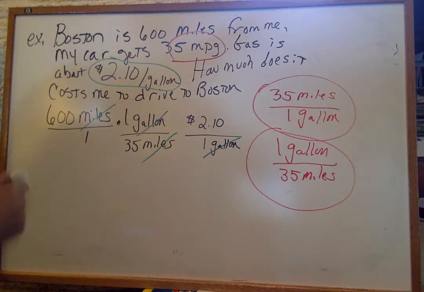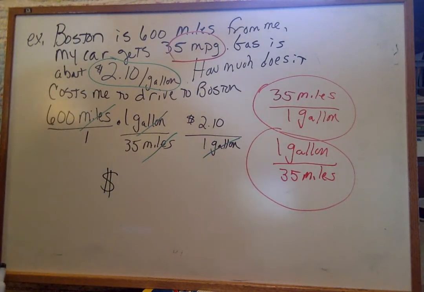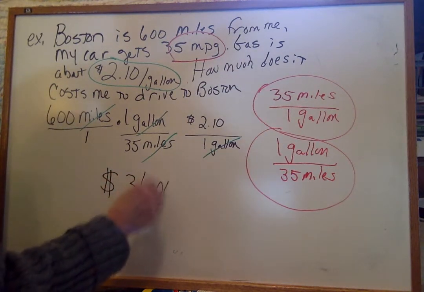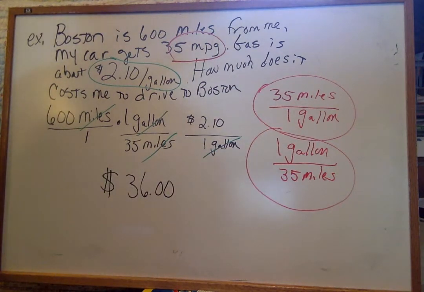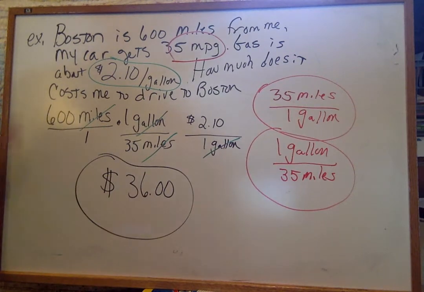Yeah, that's going to be right. I'm about to tell you how much money. So 600 times 2.10 divided by 35. And this just turned out to be a very nice number, $36 on the spot. Now, if I wanted to drive back home, that would be another $36 for a total of $72, but I just asked for a one-way.